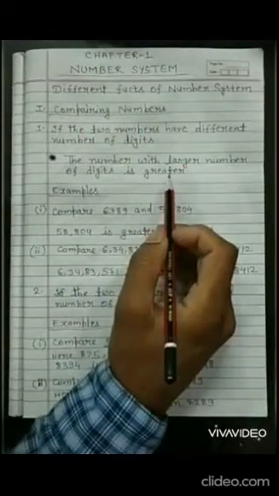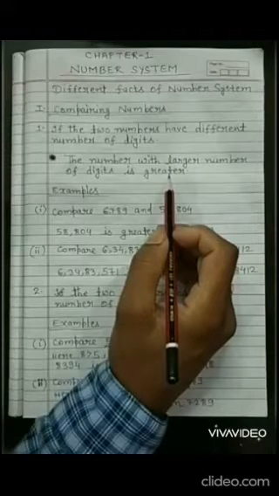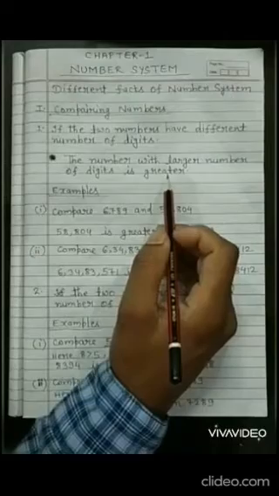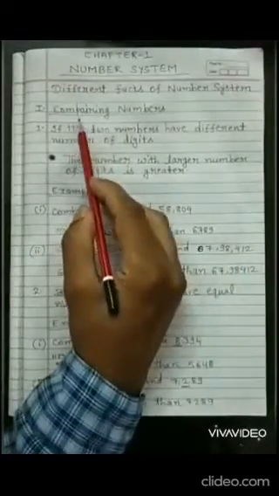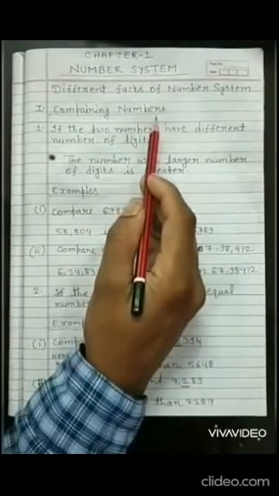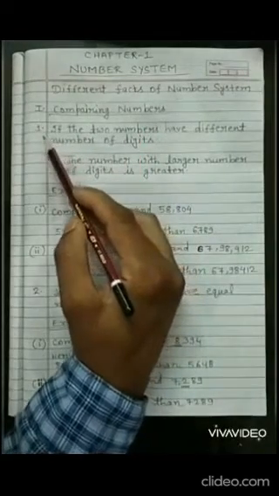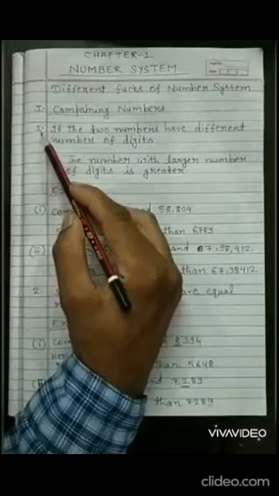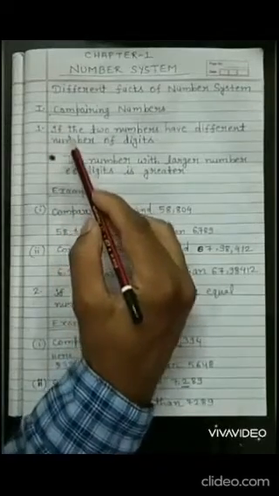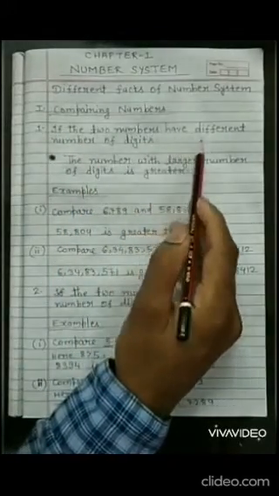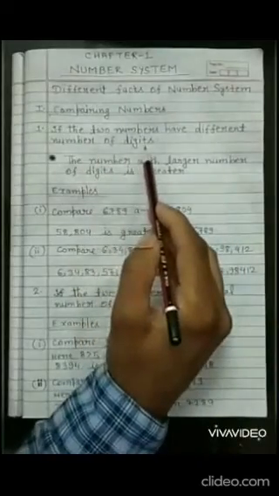So, if we have two different numbers, then how do we compare these two numbers? Under this category, comparing numbers, we have two different types. I have mentioned here the first type, that is, if the two numbers have different number of digits.